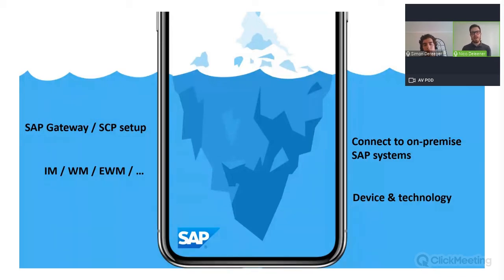And those are things like, what setup do you have currently? Do you have a gateway setup on premise? Is it hub? Is it embedded? Do you have a cloud platform setup, or are you thinking about it? Those are things to consider. But how will you connect to the on-premise system then? Also a very important topic. And next to that, you have the module itself in which you are working.